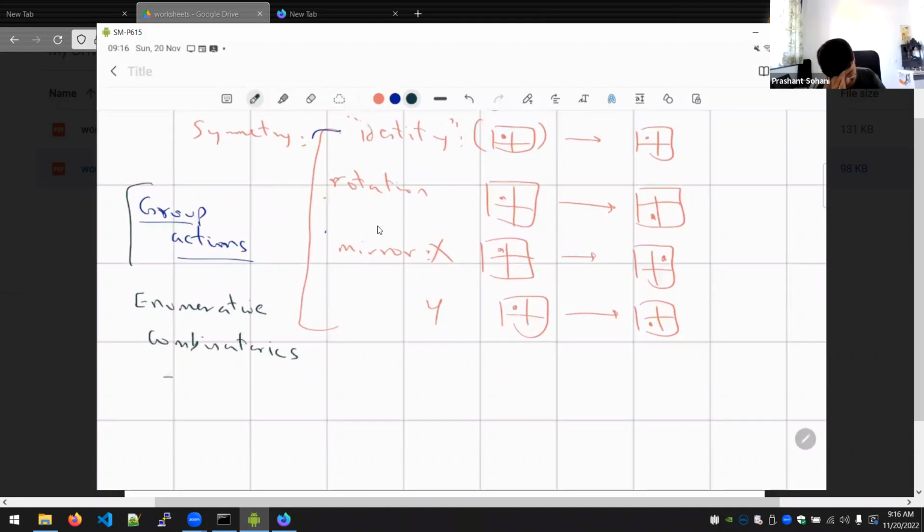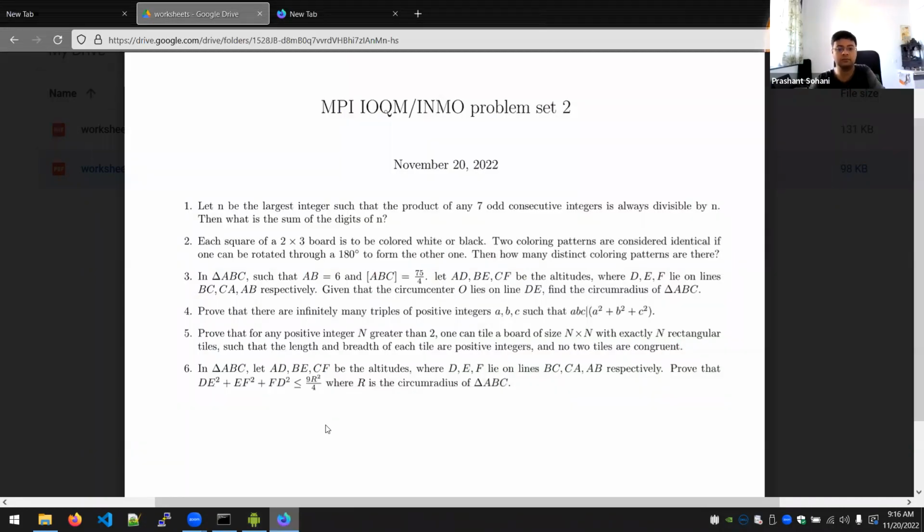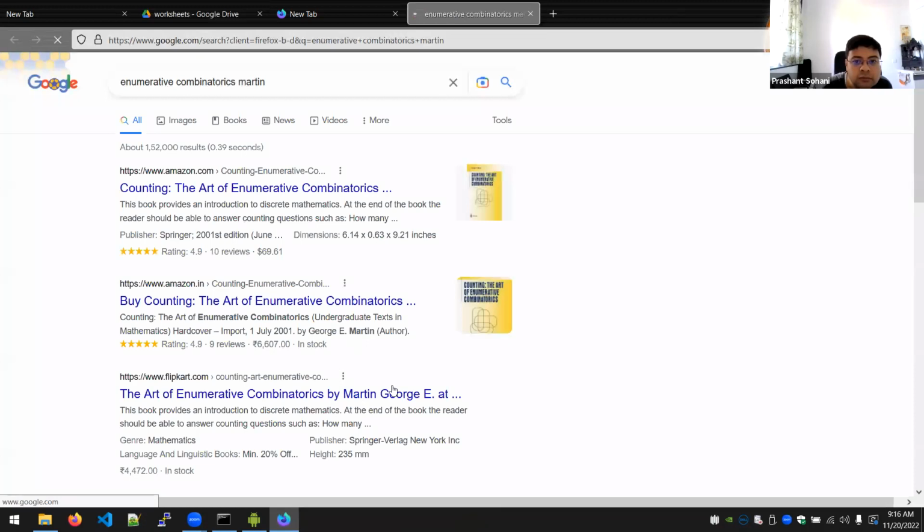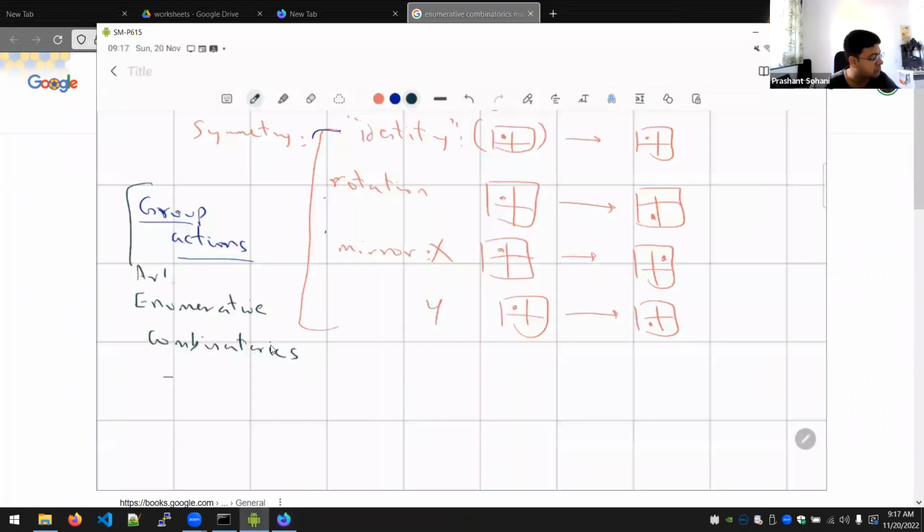There is also George Martin, The Art of Counting. So you can read about it from this book. It's a very interesting topic altogether.